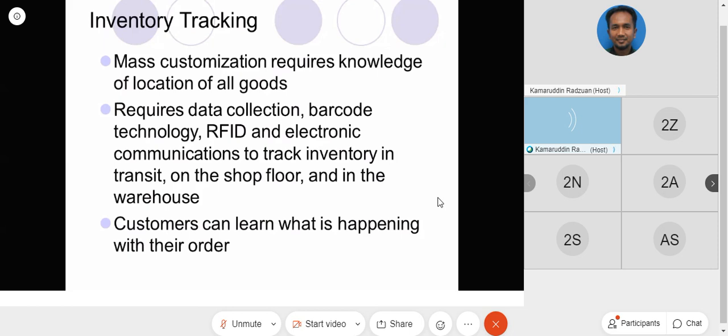All of this data can be collected through the use of barcode technology, RFID, and electronic communication built specifically to track inventory in transit, whether on the shop floor or in the warehouse. So when we have clear, precise information about our inventory status, we can understand more about our inventory to do the planning and controlling of the inventories.